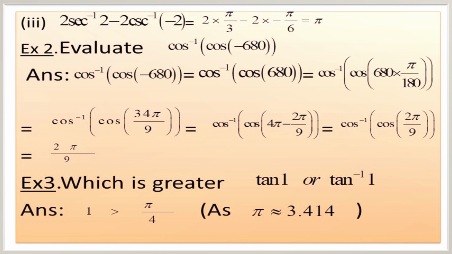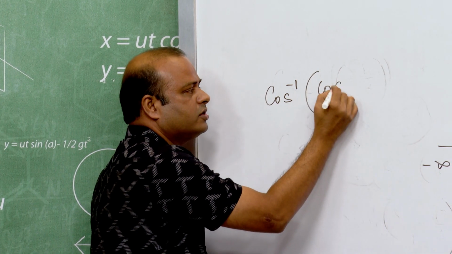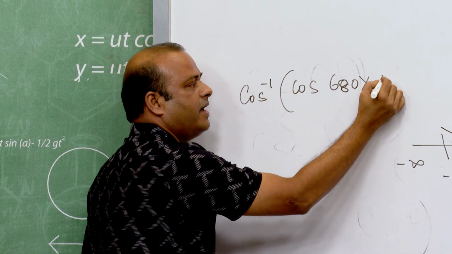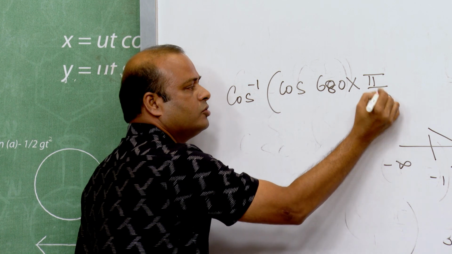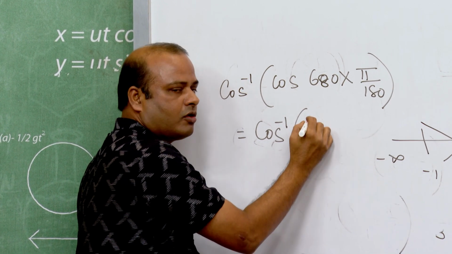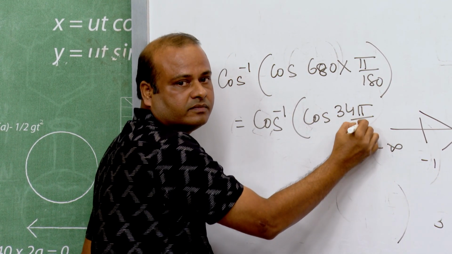Now it reduces to cos inverse cos of 680 times pi by 180, that is 34 pi by 9. So now it is cos inverse cos 34 pi by 9.